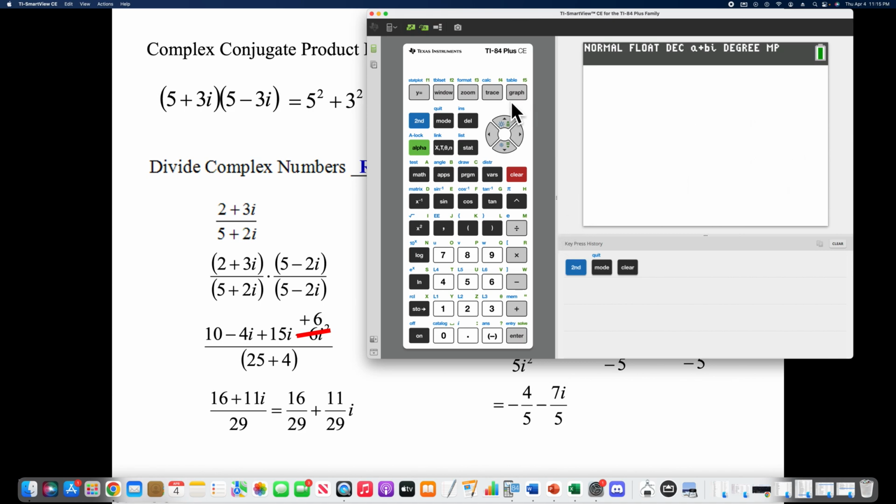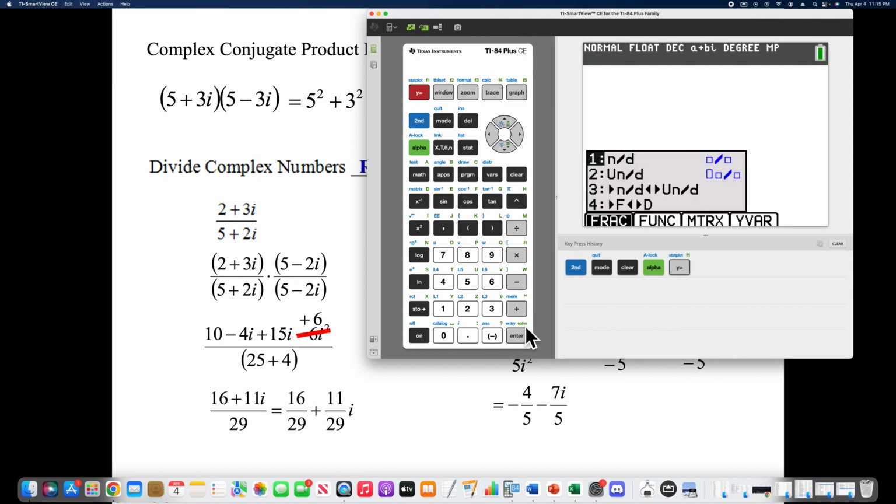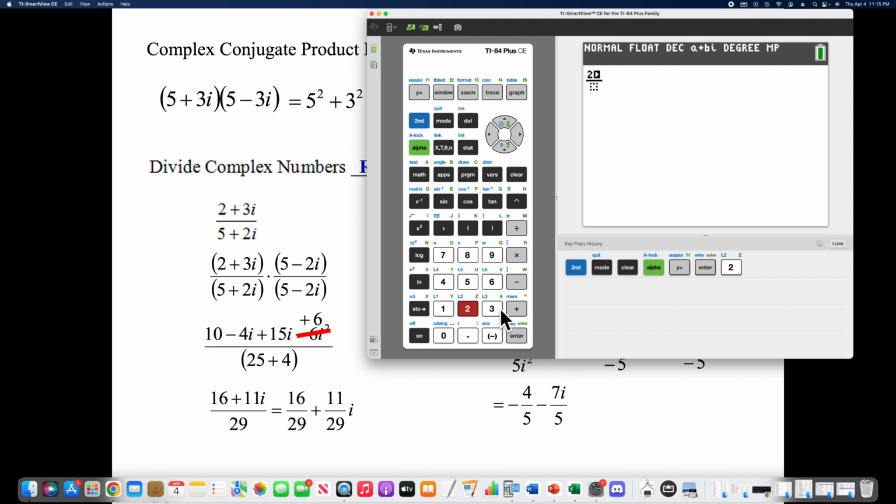Okay, now, using your calculator to grade these division problems, a lot of it depends on how new your calculator is. So if you have the TI-84 Plus CE, we can type this in as alpha y equals, activate your fraction, top part we'll put in the 2 plus 3i, on the bottom 5 plus 2i.